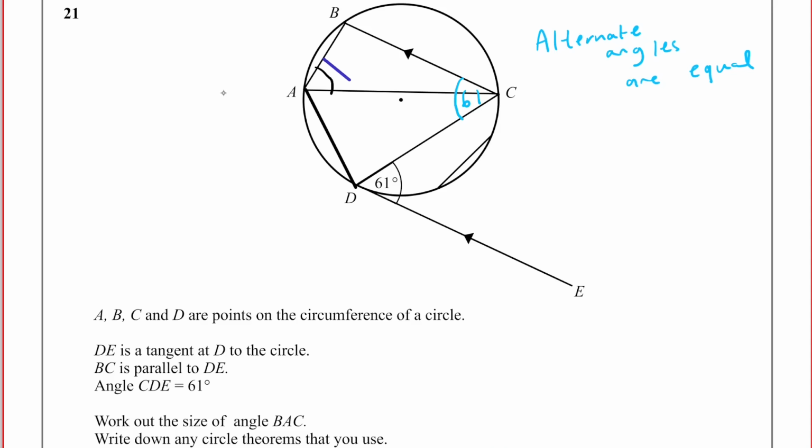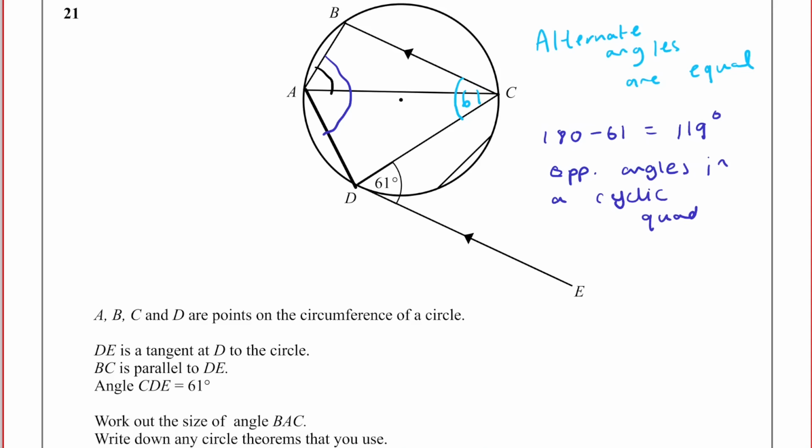So this whole angle BAD is 180 take away 61, which is 119 degrees, and its opposite angles in a cyclic quadrilateral add to 180 degrees. So that's 119 degrees.